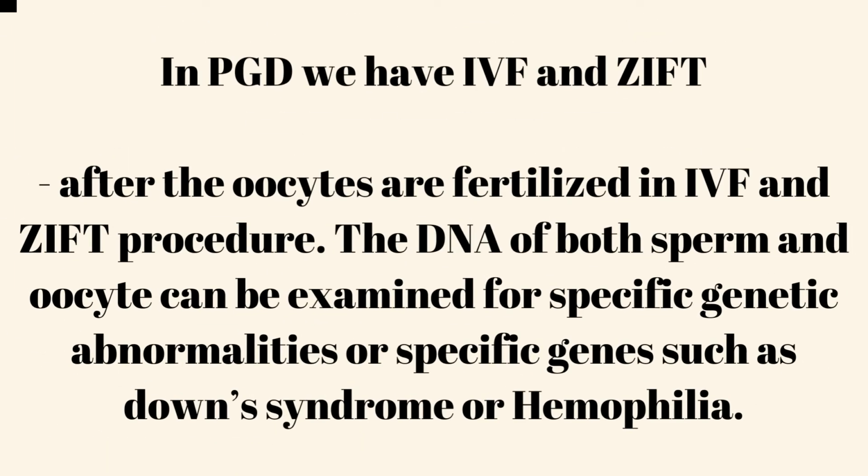After the oocytes are fertilized in IVF and GIFT procedures, the DNA of both sperm and oocyte can be examined for specific genetic abnormalities or specific genes, such as Down syndrome or hemophilia.